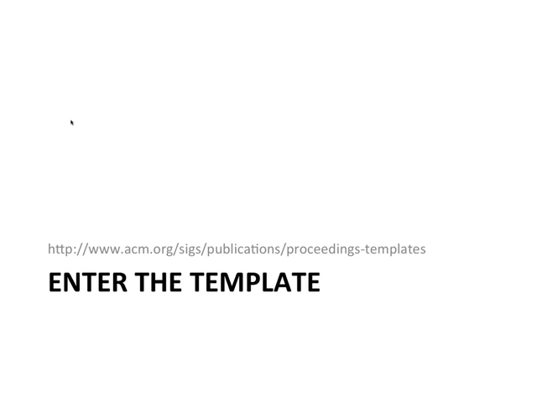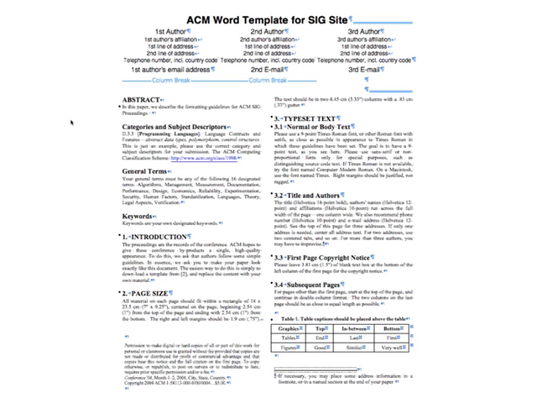And what this does for you is it gets you a document that has all the styles already applied to it. It looks like what I have on this slide here.